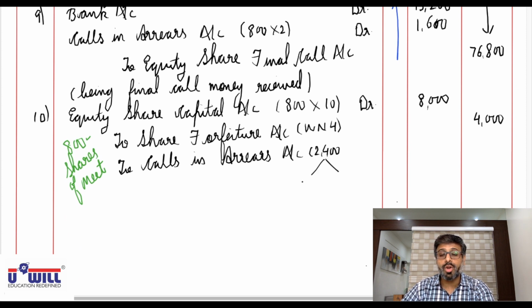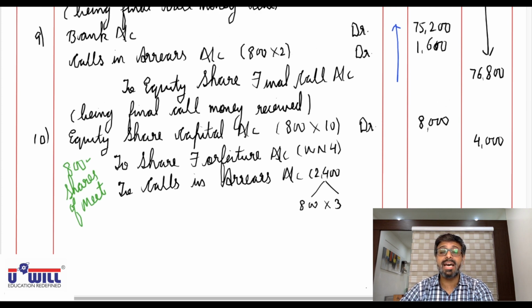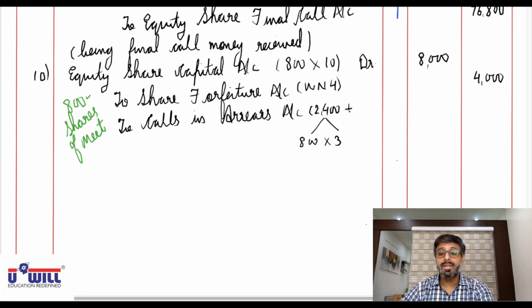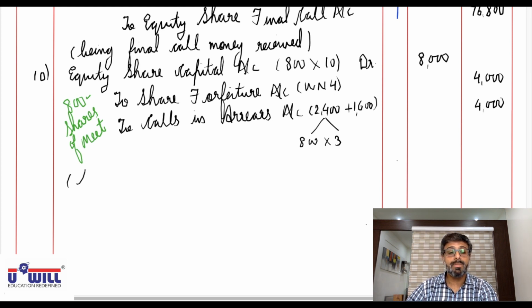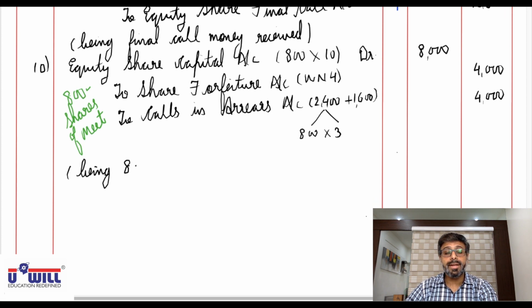These are first call arrears. And final call arrears directly are of Meet only. These all 800 shares are of Meet only. So directly we can take this 1600. So 2400 plus 1600, 4000. You can cross check 4000 plus 4000, 8000. Being 800 shares forfeited.